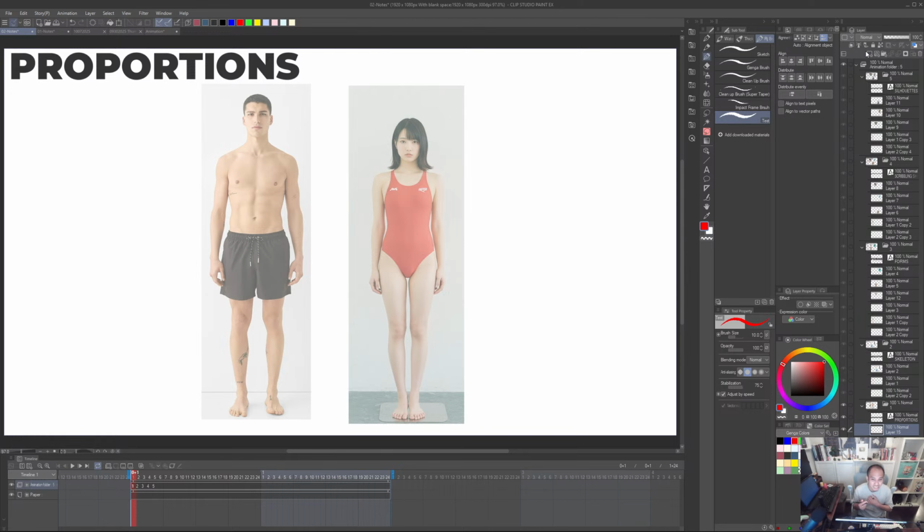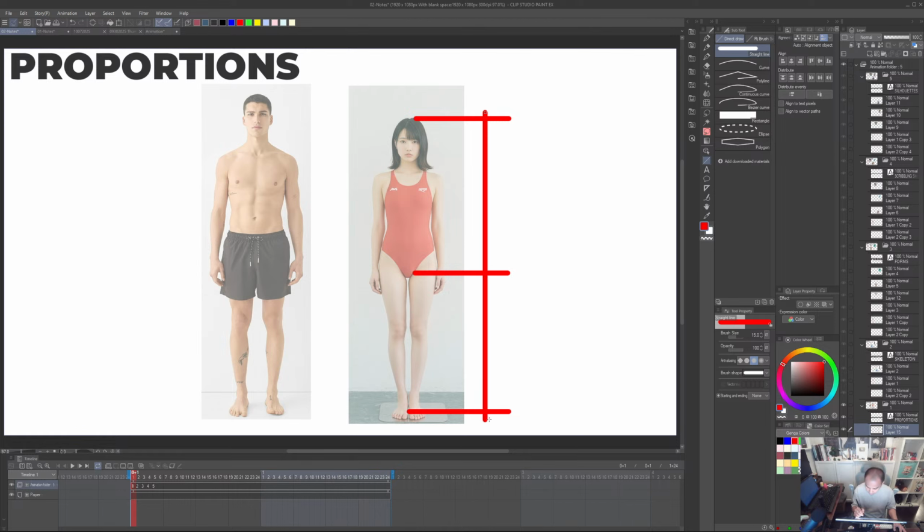Next thing I wanna do is, if you think about this height over here, the middle point of the body would often lie on the crotch area, roughly, not all the time, depending on where you measure your crotch area.